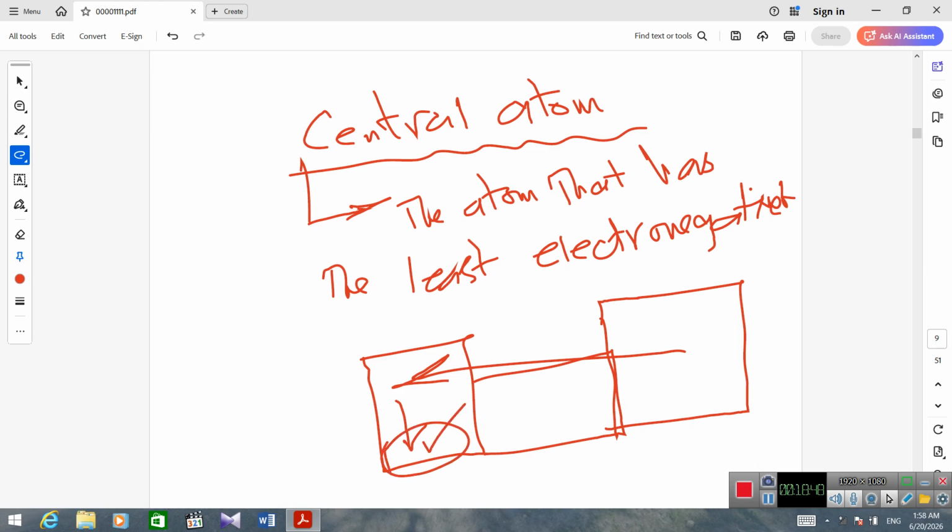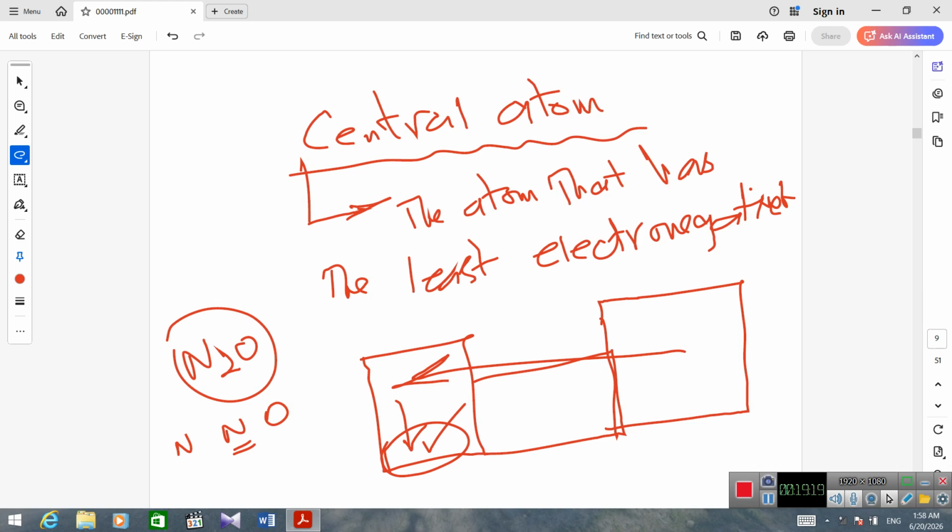Of course, there are some exceptions, like N2O, nitrous oxide, and in this case the nitrogen is the central atom, but in many cases we can find out which atom is the central atom, and in my view it's so easy.